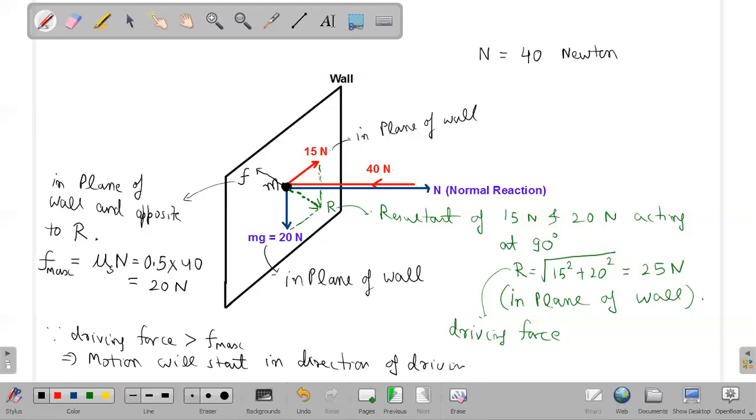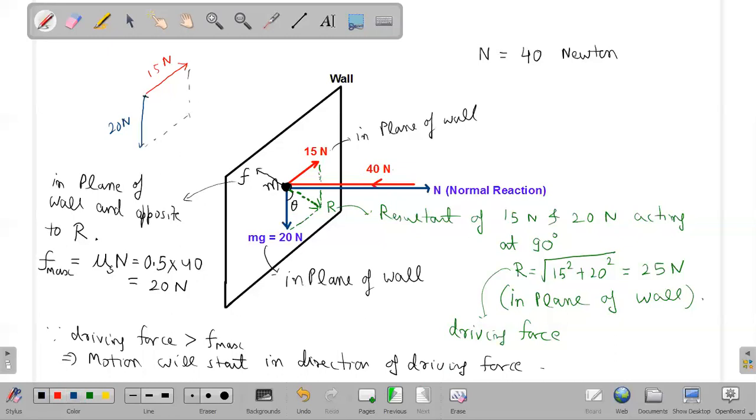And what is the direction of driving force? That I can obtain by the law of parallelogram. This driving force will be at some angle theta. Let us call this angle theta, and you can find out this tan theta. I can show this working in a separate place. This is 15 Newton force. Then we have gravity force, which is 20 Newton force in this direction. And then we have the resultant of these two.